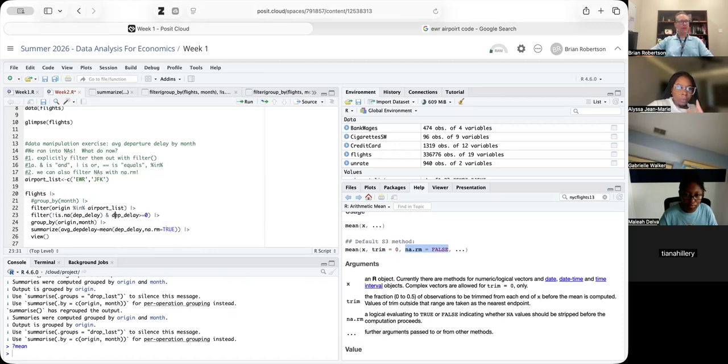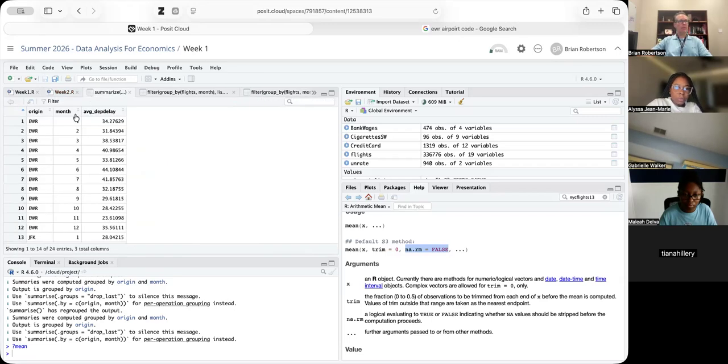And so let's go ahead and filter this out real quick. If I say filter depth delay greater than or equal to 0, and I pipe that into a summarize, and I just run this, what do I get for values here?